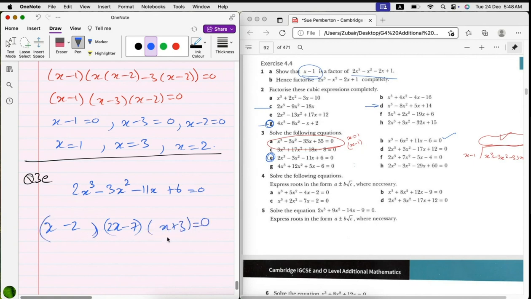When it is equal to 0, this is not final, this is the second last step. So x equals plus 2, x equals 7 by 2, and x equals minus 3.